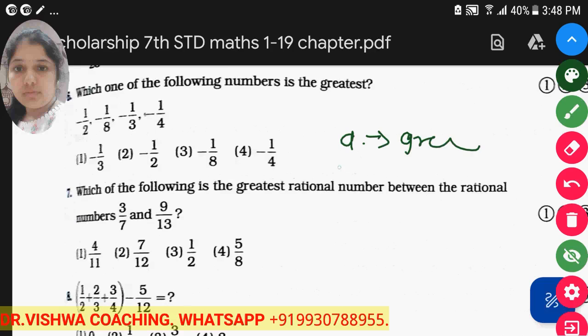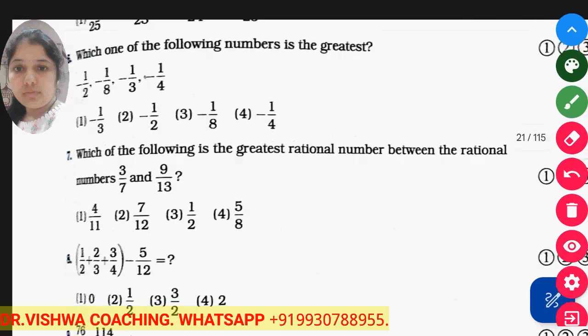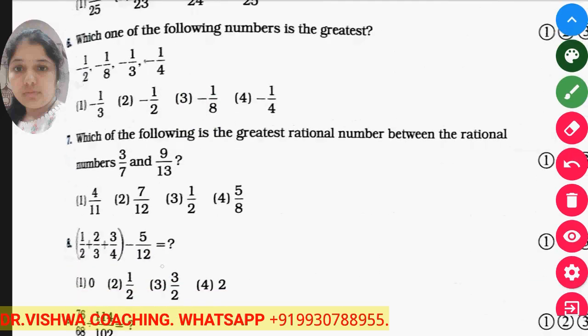When negative, the number with the greater denominator is greater. So here 8 is the greater denominator, so 1 by 8 is the greatest fraction here. Okay.